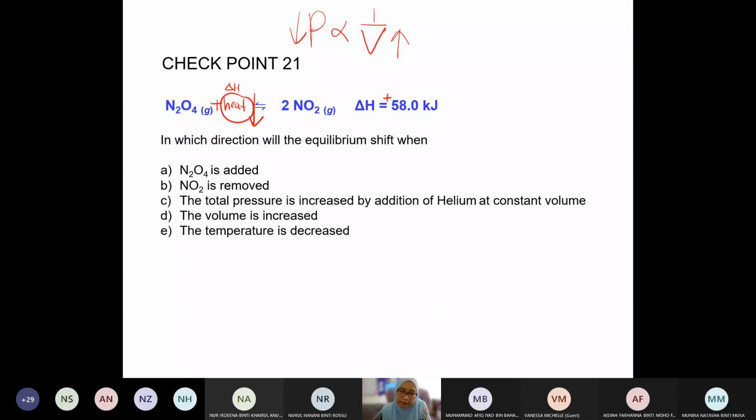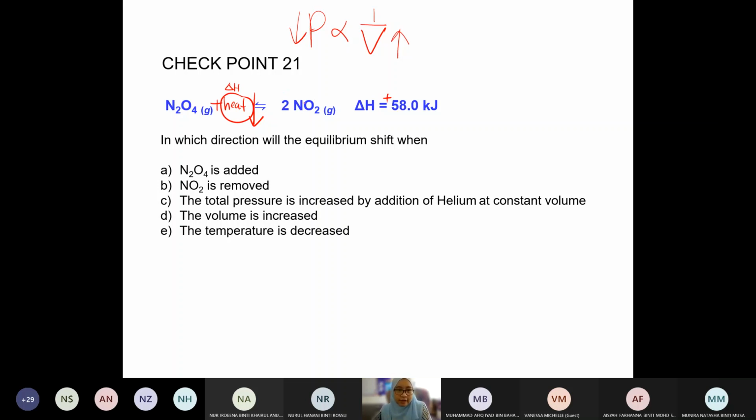So bila system stress, how can the system react so that the stress will be reduced? So dia kena increasekan balik the temperature. Okay, so in order to do that, the reaction needs to shift to the side that produces more heat lah. Takkanlah absorb lagi heat. So dia kena produce heat sebab temperature kan dah rendah sekarang ni. So how can the system react so that the temperature will be increased? It's either to the right ataupun to the left kan.